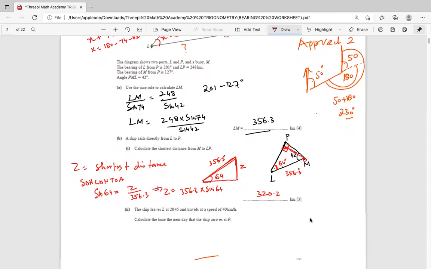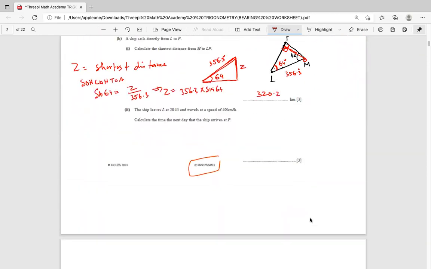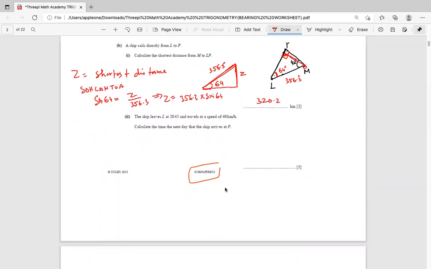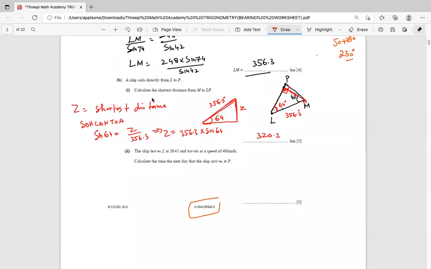That's done. Now, the last part: the ship leaves L. Look at the L, L is here. The ship is leaving this L. Leaving time is 20:45.